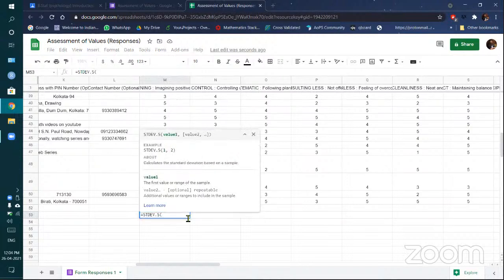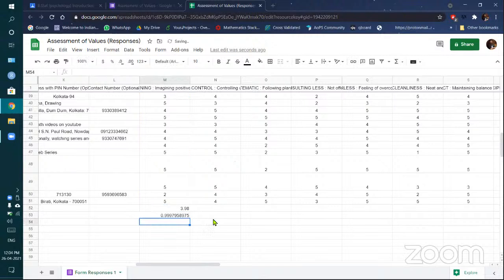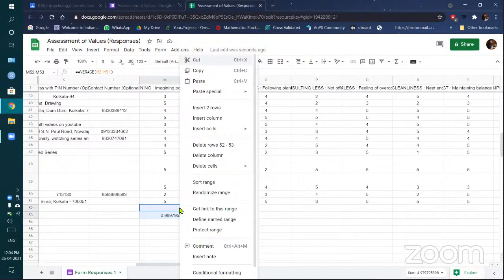STDV.S, M2 to M51, enter. Okay. Now select those two. Then right click. Sir, what should I write? Right click, then you go to the format.